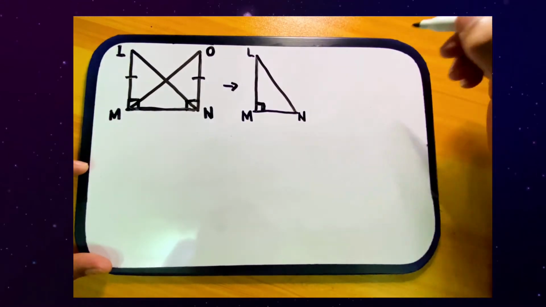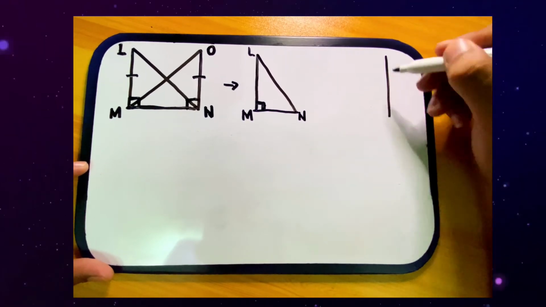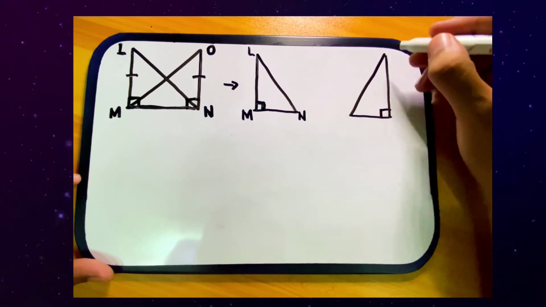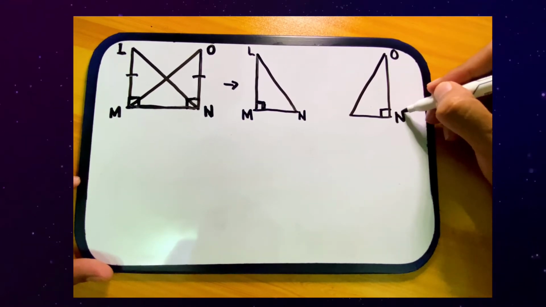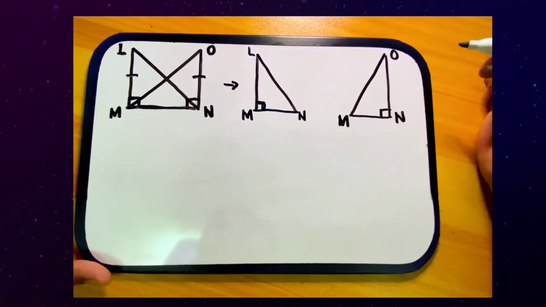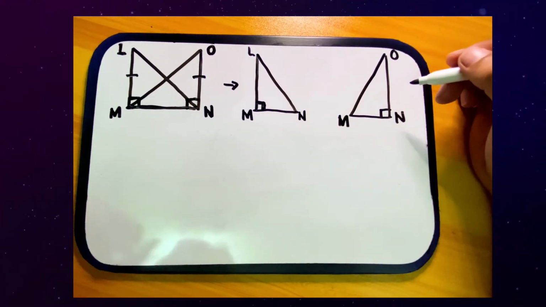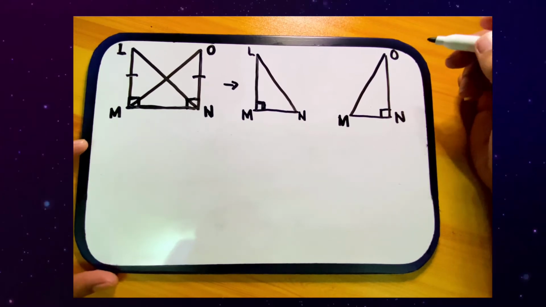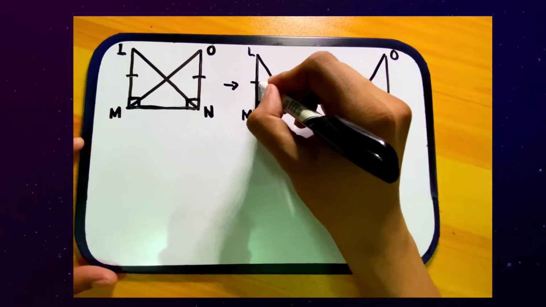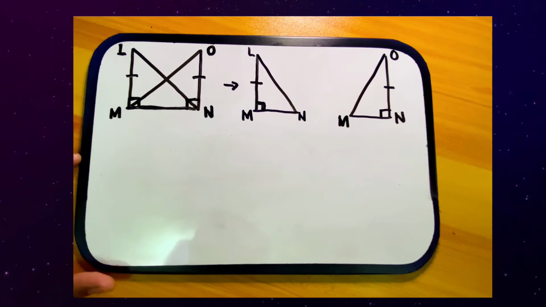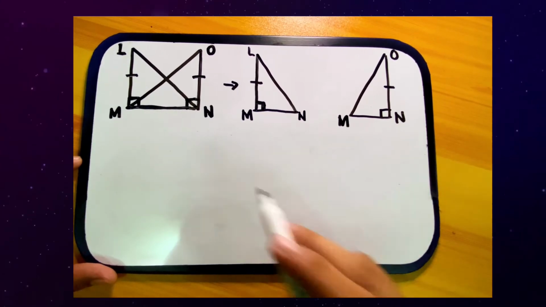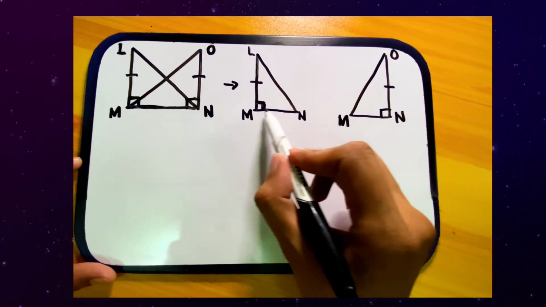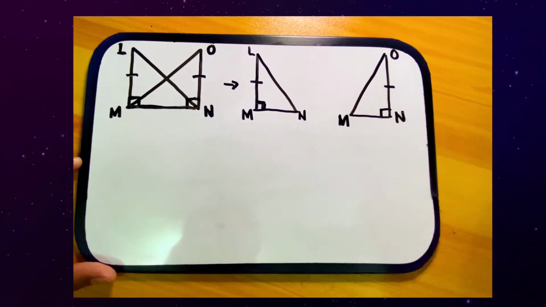Okay, for the second triangle, we have ONM. So ONM also is a right triangle. Okay, so this is the two triangles. Now here MN is the common side, so therefore this one and this one are congruent.